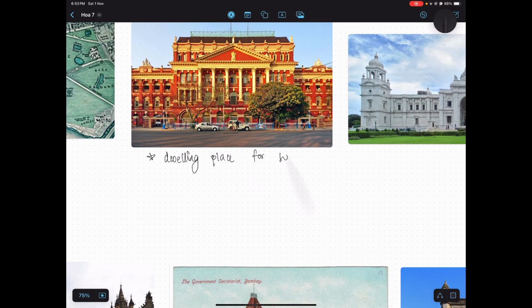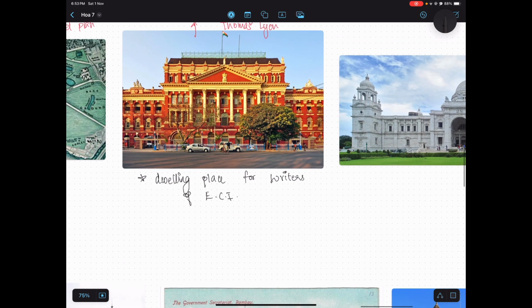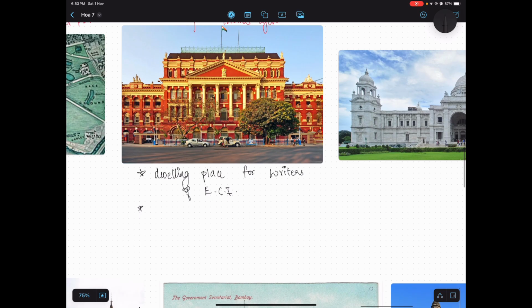So, writers of East India Company, and this is also the first 3-storied building in Kolkata, and that is of importance.